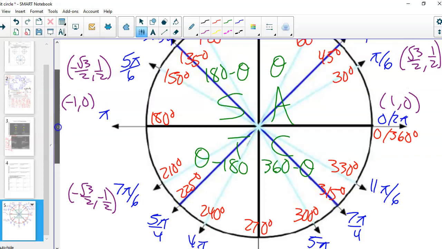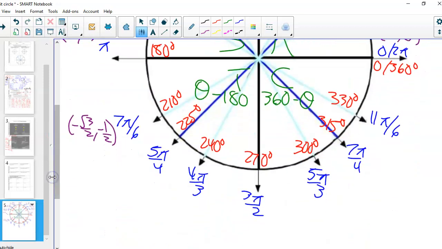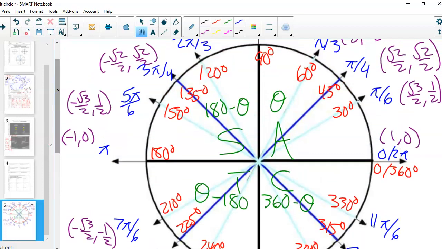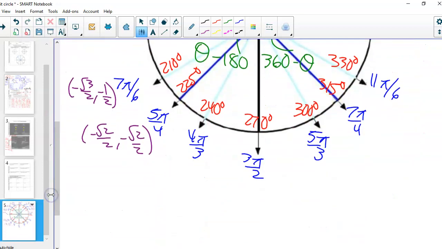It's 45, so it's going to be this ordered pair, but both are negative. 240 minus 180 is 60, so it's going to be this ordered pair, but both are negative. This is 0, negative 1.